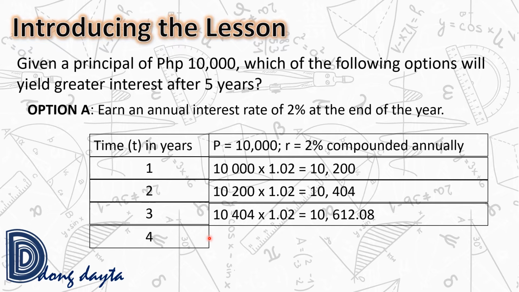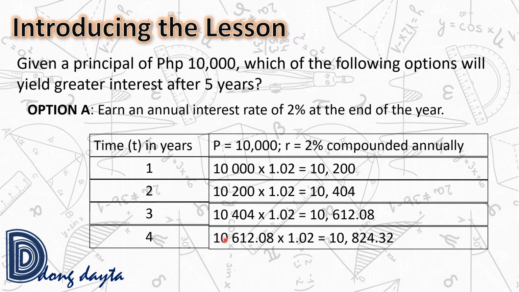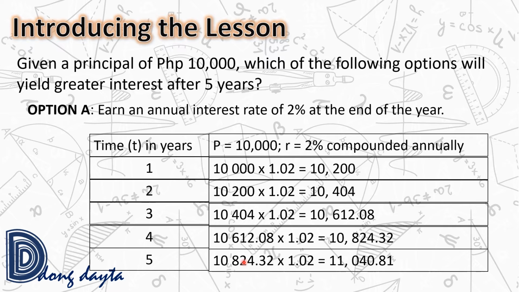Next, at the end of the fourth year, the new value will be multiplied by 1.02, then that is 10,824 pesos and 32 centavos. At the end of the fifth year, our principal is 10,824.32 times 1.02, then that is 11,040 pesos and 81 centavos. Hence, at the end of 5 years, the amount of 10,000 pesos has earned an interest of 1,040 pesos and 81 centavos.